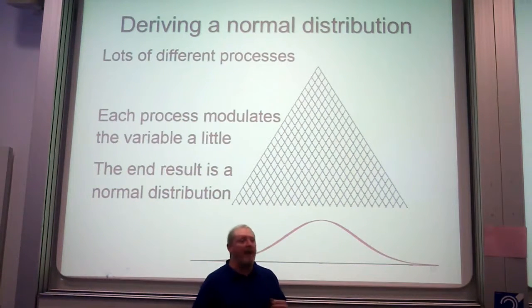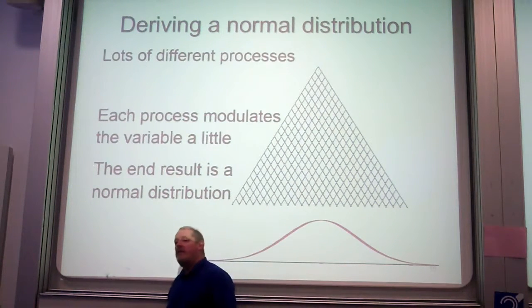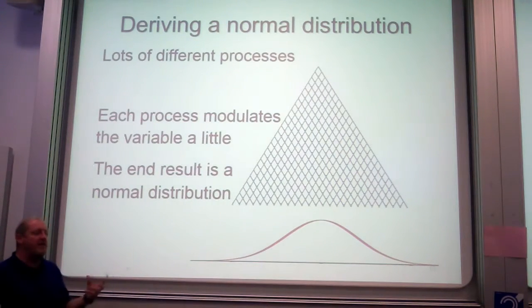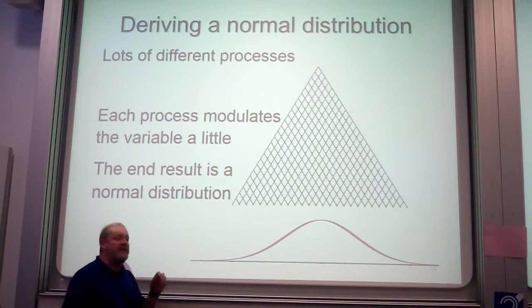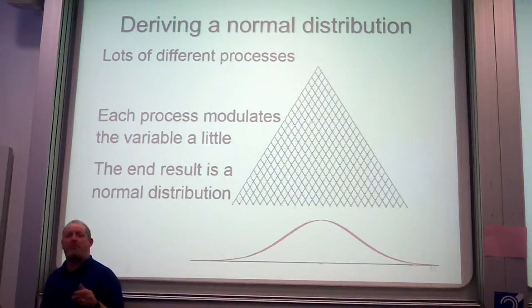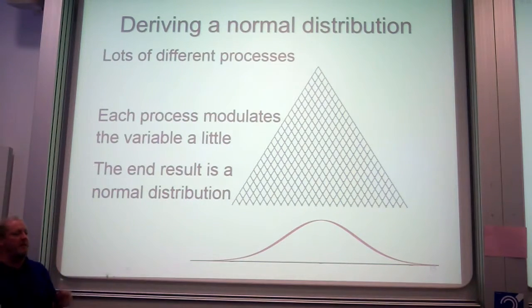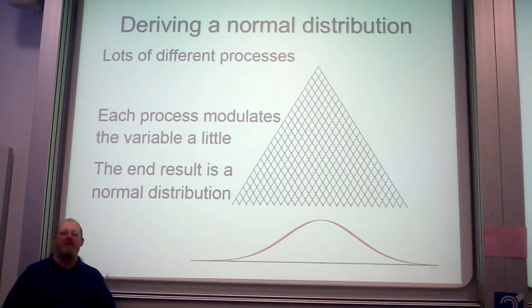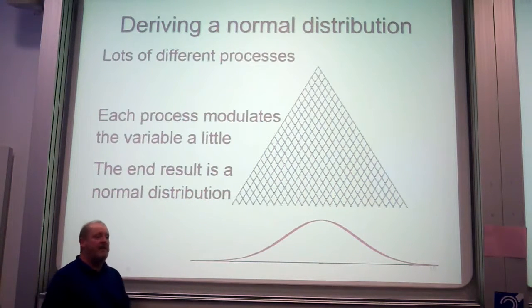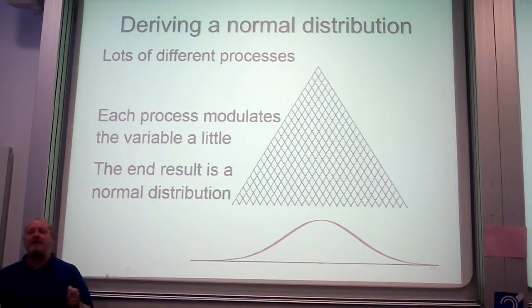So anything that's complex, like us, the way that we think, if we can envisage it as being made up of lots of tiny little processes, each of which changes the output variable, our dependent variable, a little bit, you would expect it to be normally distributed, because we've got an awful lot of processes, each of which can change the dependent variable a little bit. It can either increase or decrease.